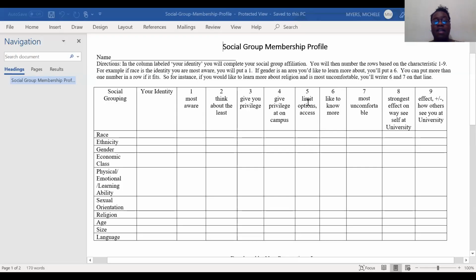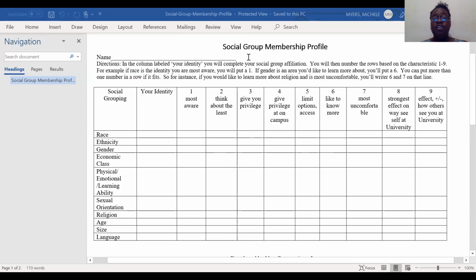So if you will, in your module 2, there is this social group membership profile. What I want you to do is complete this membership profile. And I also want you to go back and look at your circle of multicultural self, because that'll inform this as well. Okay?